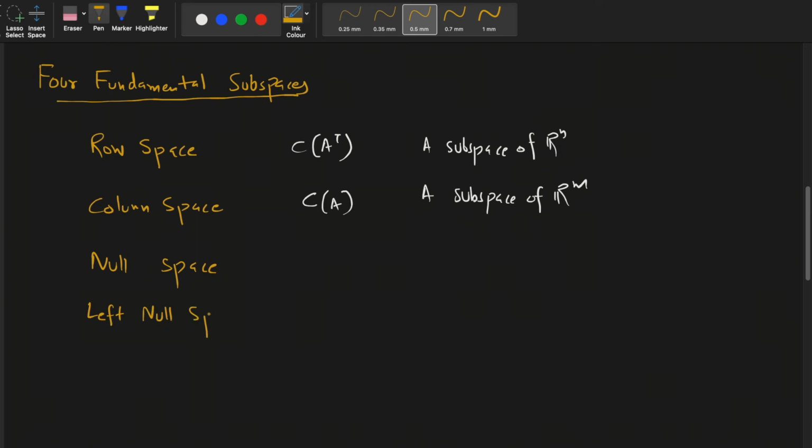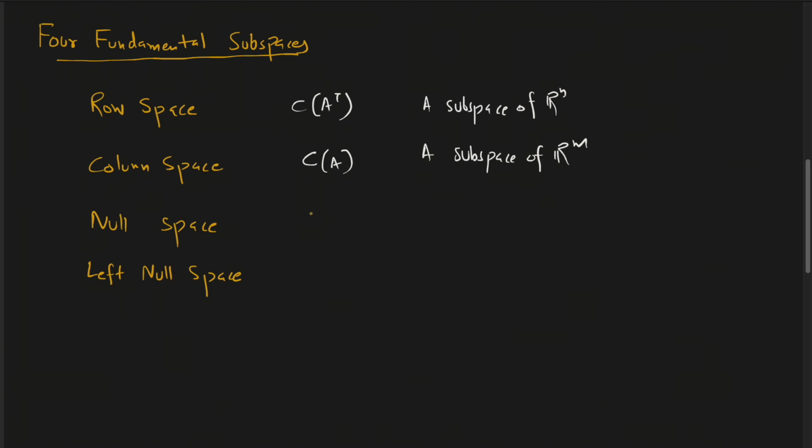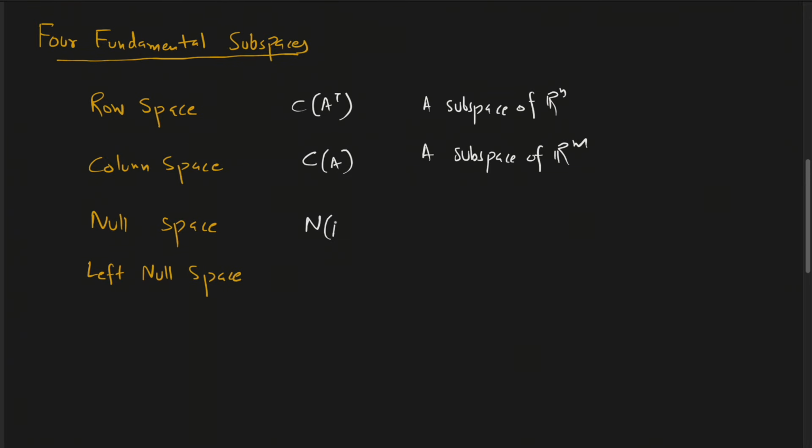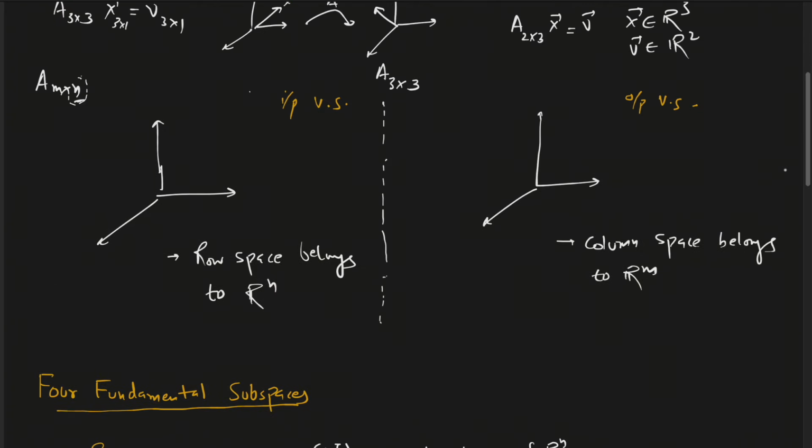Null space is N of A, and left null space is the null space of A transpose. So null space is a subspace of Rn, and left null space is a subspace of Rm.